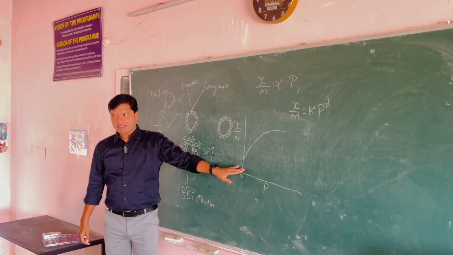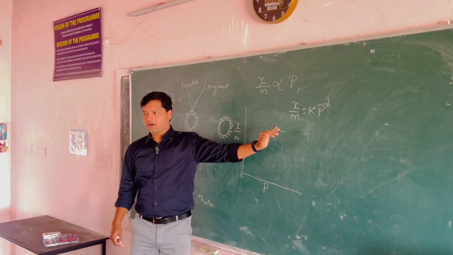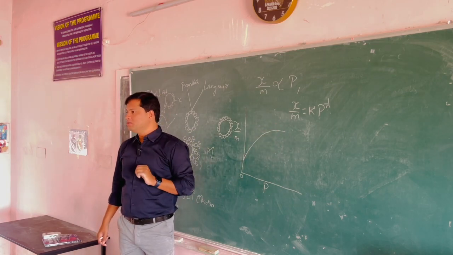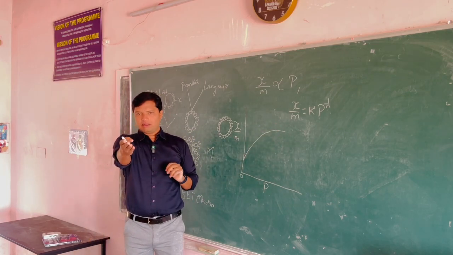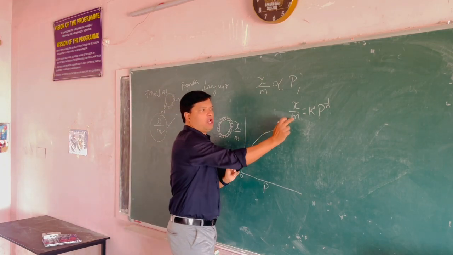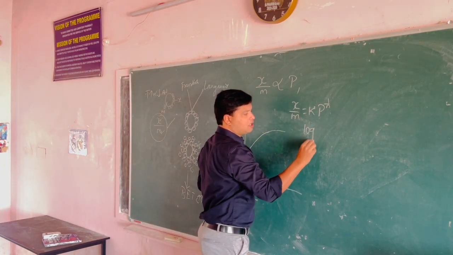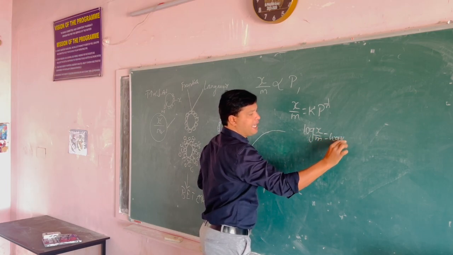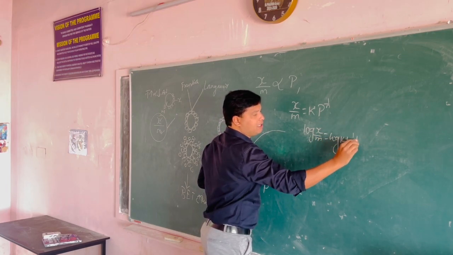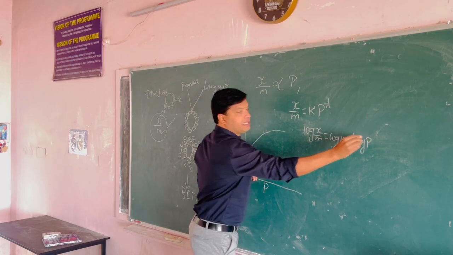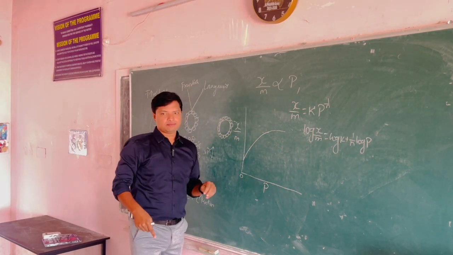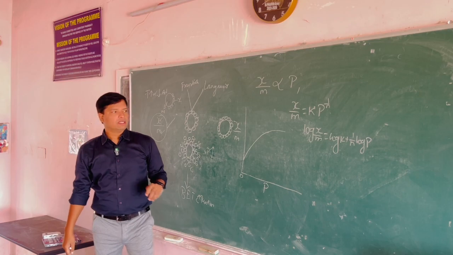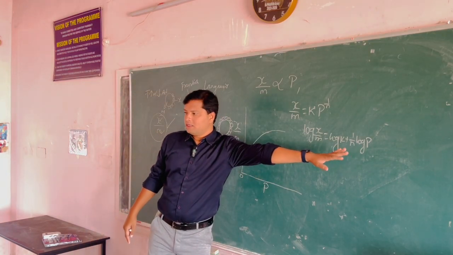From the graph. If the graph is curved, to make it straight, what should you do? Apply log. Log x by m is equal to log K plus 1 by n log p. Is it visible there? Okay, 1 by n log p.